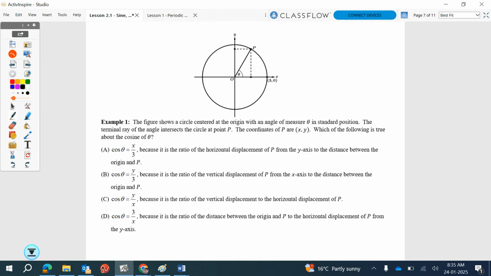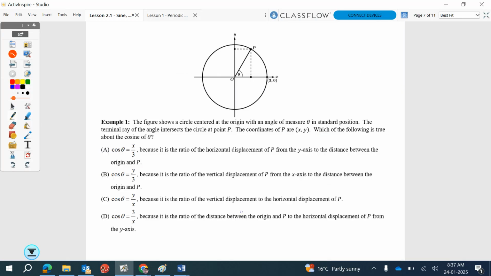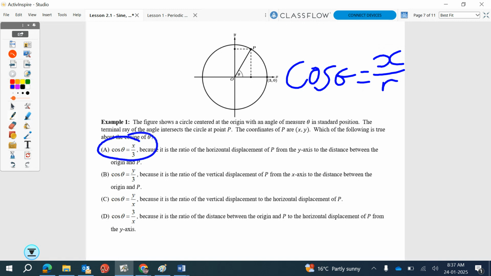Okay, so we don't quite know where that is. Let me just read it through for a minute. Okay, so the cosine of theta is equal to the x-coordinate divided by the radius of the circle. So because the radius of the circle has been enlarged to 3, it's going to be this one, x over 3.